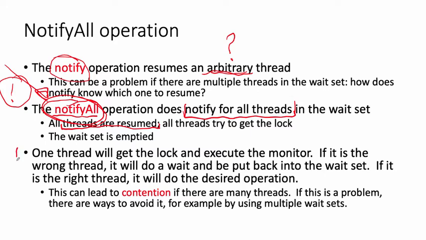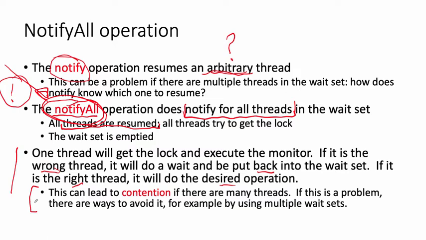Okay, so one thread will get the lock and execute the monitor code. If it's the wrong thread, it will be put back into the wait set. If it's the right thread, it will do the operation. Now this, of course, can be inefficient if there are many threads in the wait set, but usually that's a rare situation. If I have so many threads trying to use the buffer that the wait set is full of threads, then something's wrong.